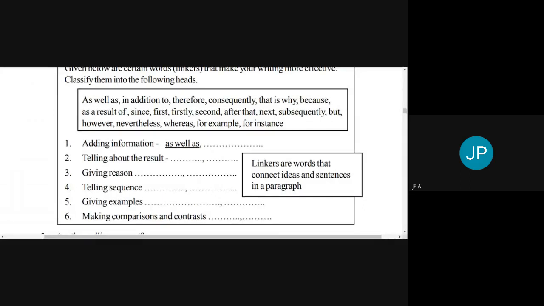For example, suppose there are 2 sentences. John lives in Thrissur, Jacob lives in Thrissur. I can connect those two ideas together using "as well as": John as well as Jacob live in Thrissur. So it has the purpose of adding the information in two different sentences into one single sentence.